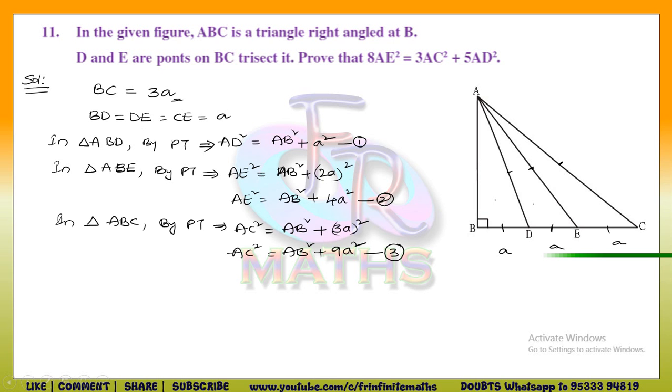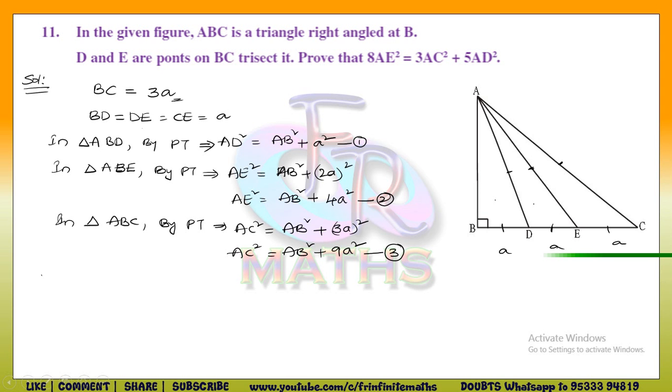Now what do I need? I need to prove 8 times AE square is equal to 3 times AC square plus 5 times AD square. Right? So for that what should I do? First of all, I need to substitute these values by taking LHS and RHS. First of all, I am going to take RHS, since RHS contains 2 terms.